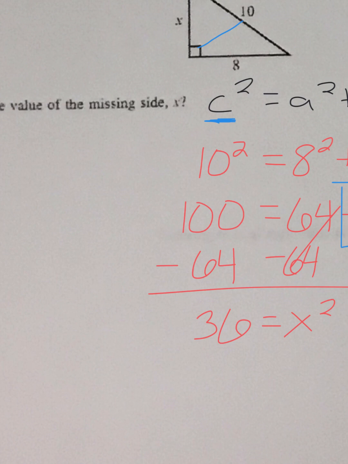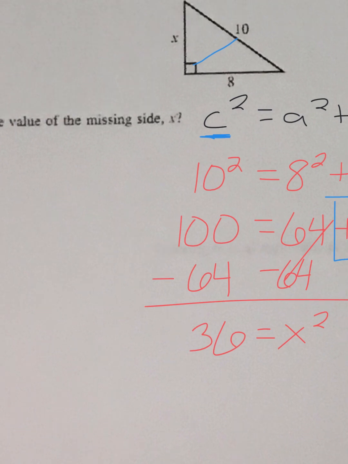What times what gives me 36? If I plug in 6, does 6 times 6 give me 36? Yes. If I plug in 9, does 9 times 9 give me 36? No. Okay, so again, if they give you specific numeric values for your answers, use those to your advantage and plug them in. When in doubt, substitute.